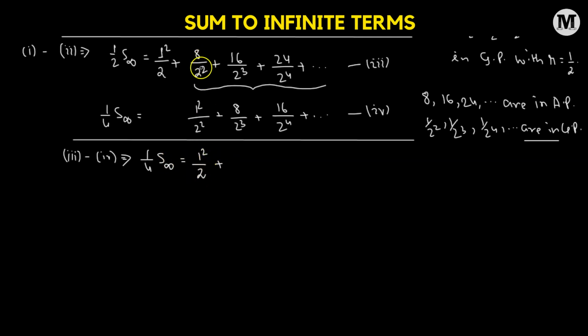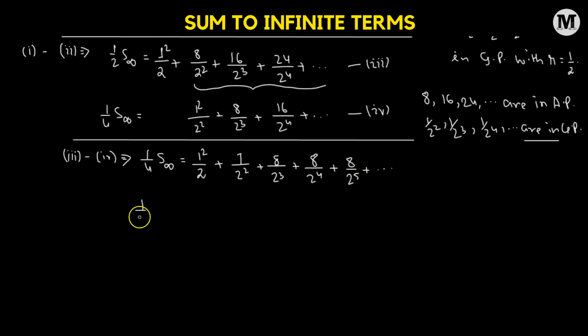Added to, now 8 over 2 squared minus 1 squared over 2 squared, so that's simply 7 over 2 squared. Added to, next we have 16 over 2 cubed minus 8 over 2 cubed, so that's going to give us 8 over 2 cubed. Then we have 24 divided by 2 raised to the power of 4 minus 16 over 2 raised to the power of 4. So that's going to give us 8 over 2 raised to the power of 4. And we have the rest of the terms. So we can predict here that the next term is going to be 8 over 2 raised to the power of 5. So this is going to continue.